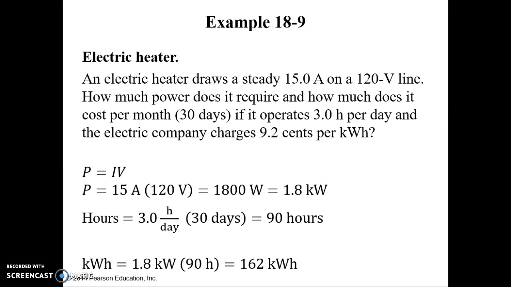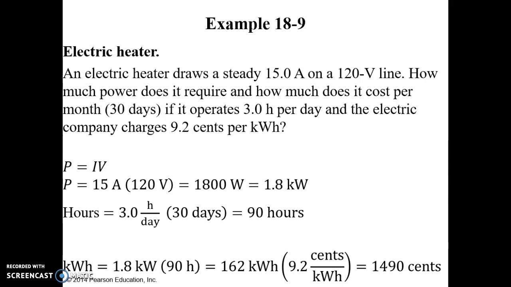Now to figure out the cost, it's 9.2 cents for every kilowatt hour. So just multiply 162 kilowatt hours by 9.2 cents to get 1,490 cents, or about $15 for the cost to run a heater for about 3 hours a day for 1 month.